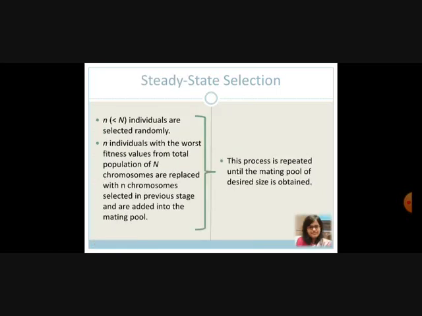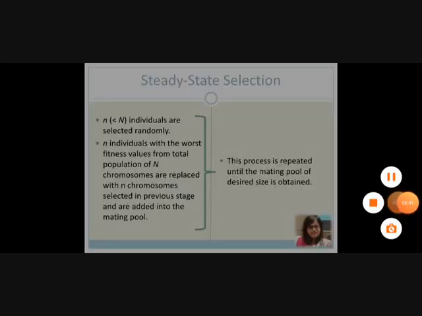After that we have come to steady state selection. In this steady state selection we again select n individuals randomly, and the individuals with the worst fitness values from the total population of capital N chromosomes are replaced with small m chromosomes selected in the previous step and added to the mating pool, and this process is repeated until a mating pool of the desired size is obtained.